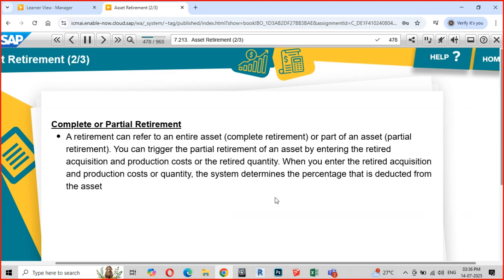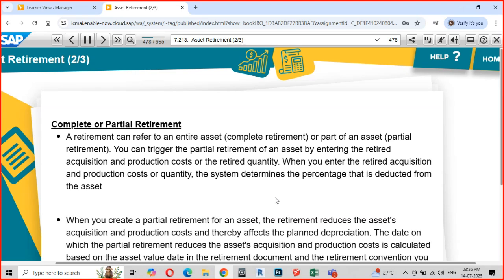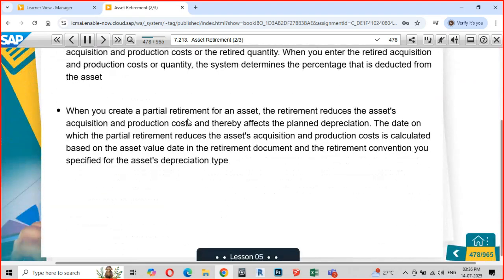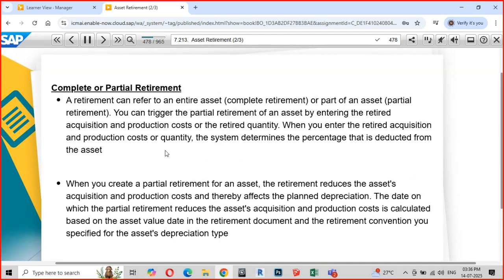I'll just explain the process, but you should know that SAP allows you both.